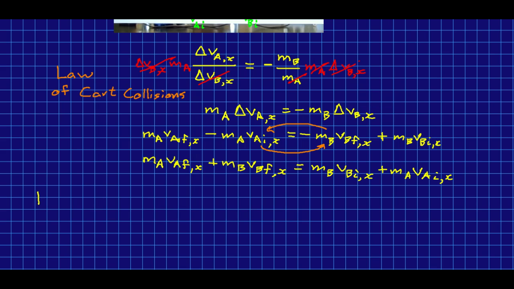So if I define a p to be, and I'll say this is a px, an m, an inertia, times an x component of a v, then what I've got here, writing it this way, is the final value of pAx plus the final value of pBx, equaling the same thing, but with the initial values. I'll just switch the A's and the B's so I have the same structure on both sides.